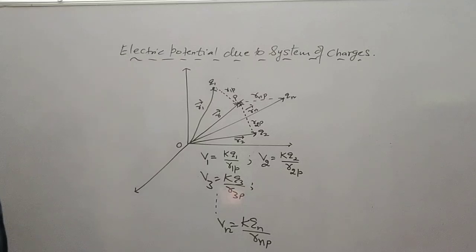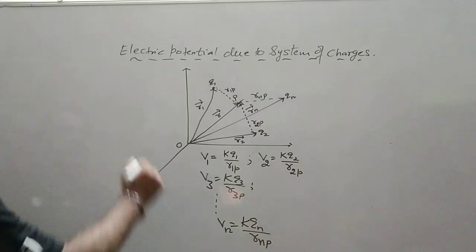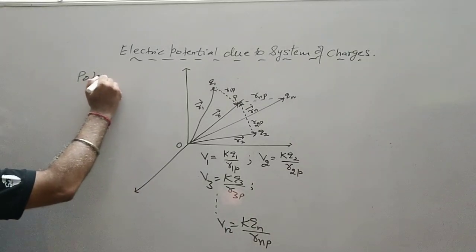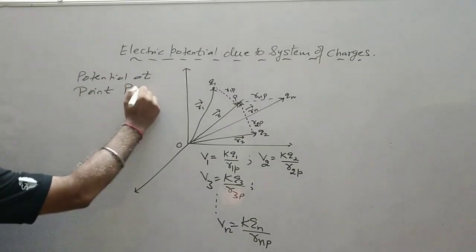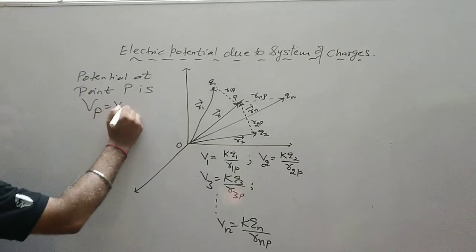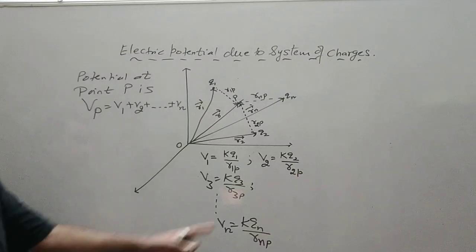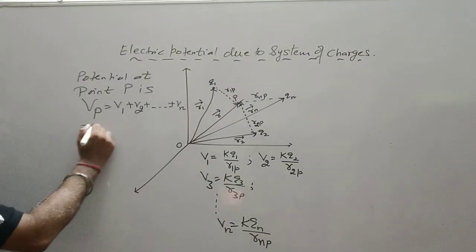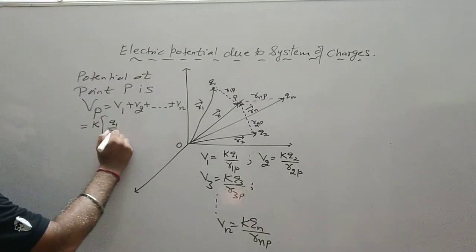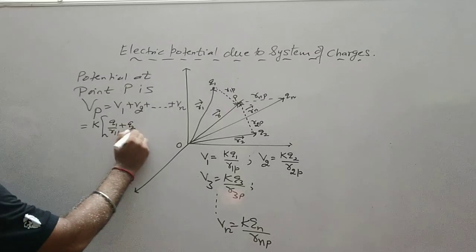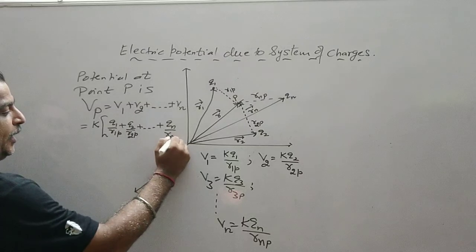Now since the potential is a scalar quantity, you simply do the algebraic summation. So potential at point P is Vp equals V1 plus V2 plus V3 and so on plus Vn. We substitute all the values. This is equal to K, which is common, times Q1 upon R1P plus Q2 upon R2P and so on plus Qn upon RnP.